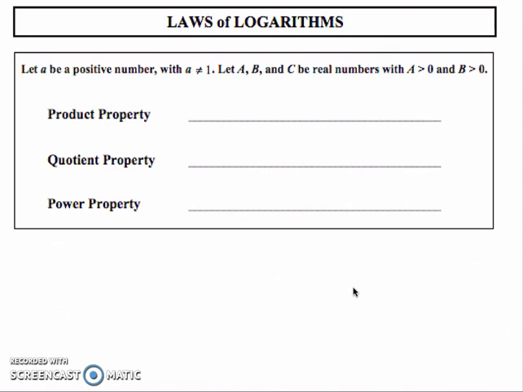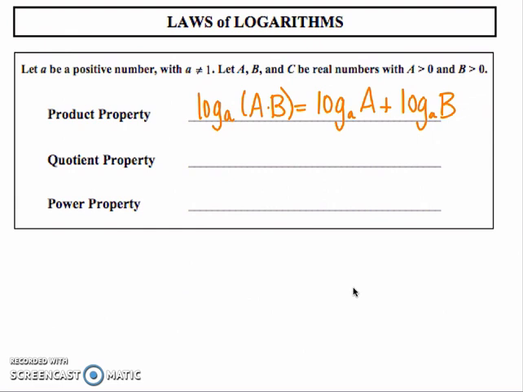The product property says log base a of A times B is equal to log base a of A plus log base a of B. So basically, if you have multiplication inside of a log, multiplication expands to addition of logs.